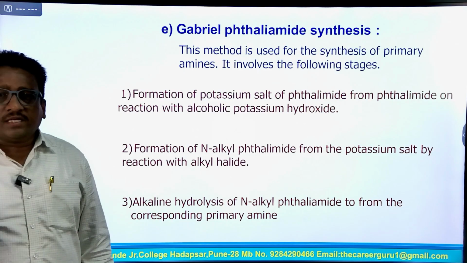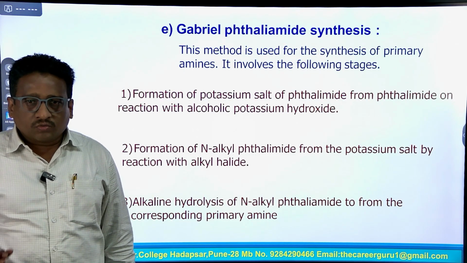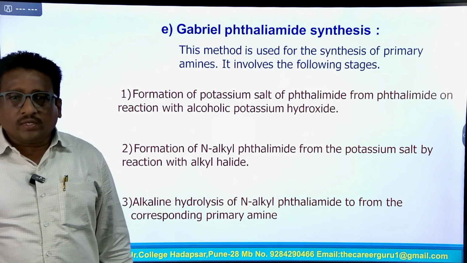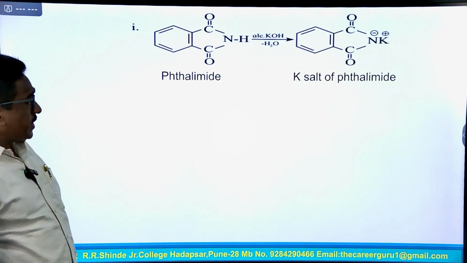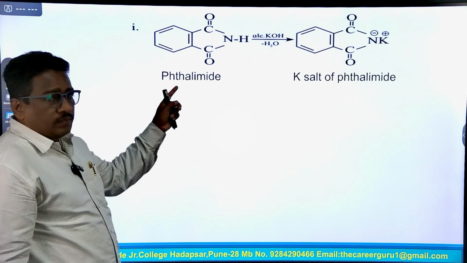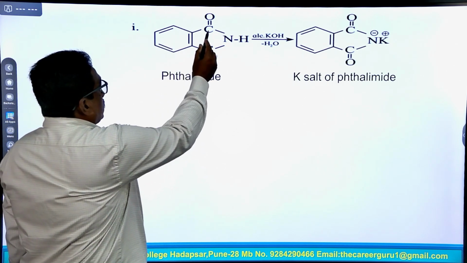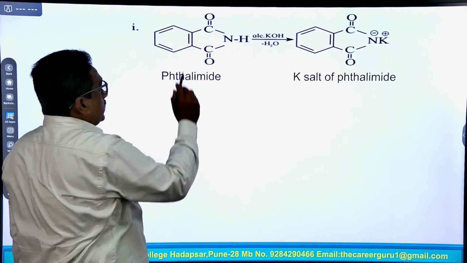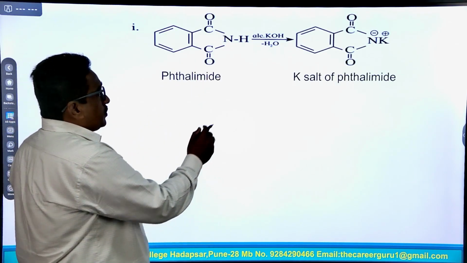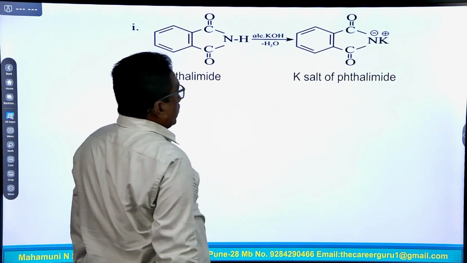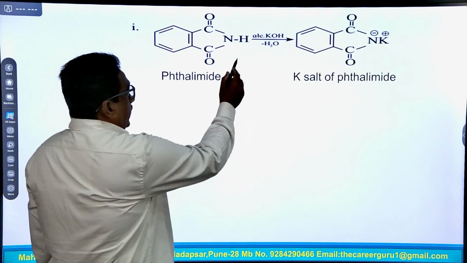These are the three steps involved in the Gabriel phthalimide synthesis. So, we see the actual reaction of this synthesis. Step 1: this is the structure of phthalimide. The benzene ring is attached to C double bond O NH C double bond O. This molecule is called phthalimide, and it reacts with an alcoholic solution of KOH by removing a water molecule.